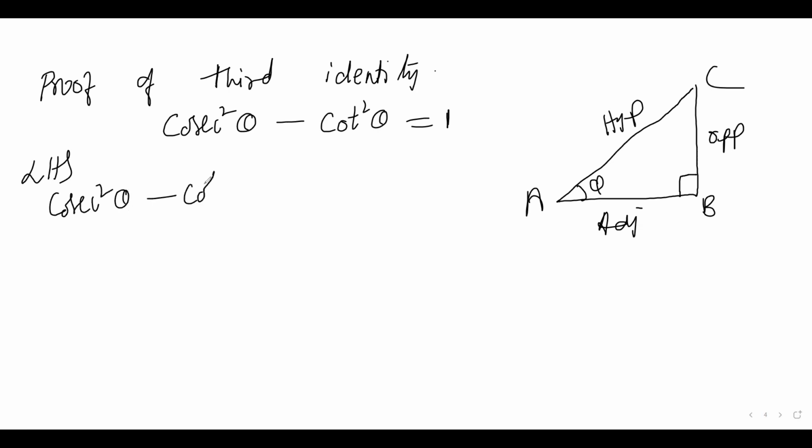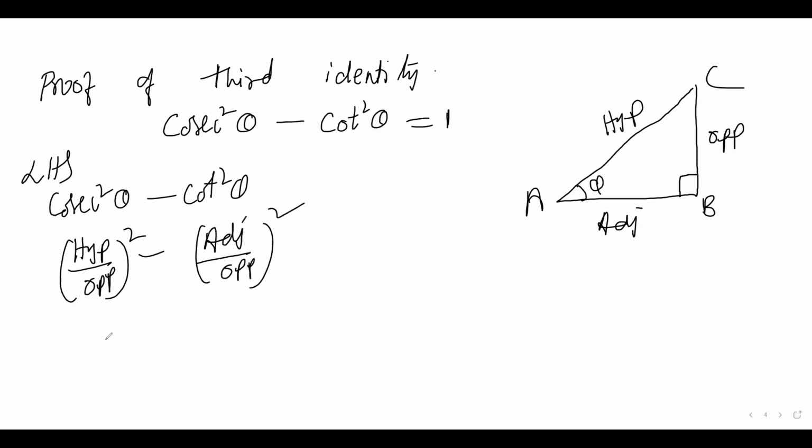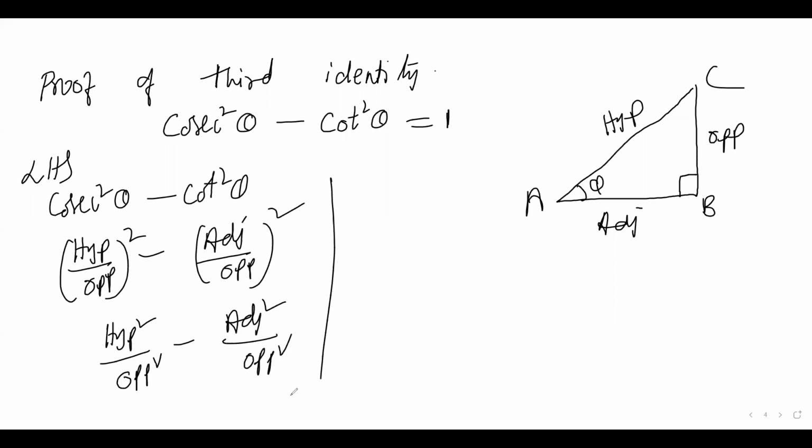Cosecant square theta minus cot square theta is the left hand side. Cosecant is the ratio of hypotenuse by opposite. Cot is the ratio of adjacent by opposite. On squaring, we will get hypotenuse square by opposite square minus adjacent square by opposite square.